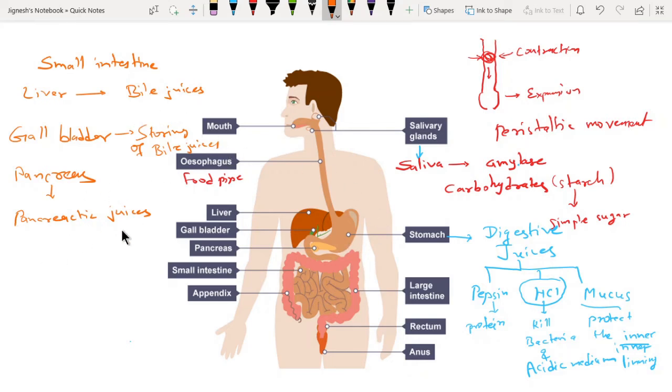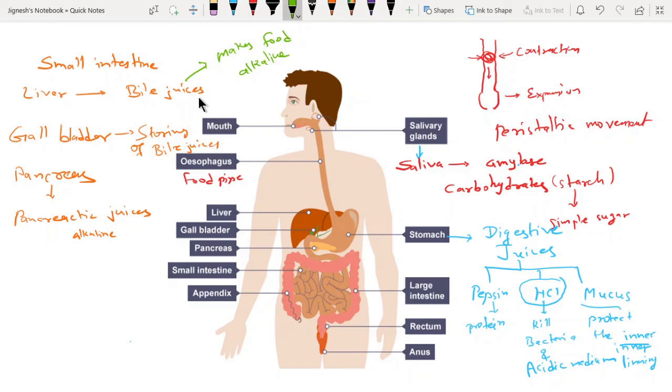But the pancreatic juices only act when the food is alkaline. So who helps? Here comes bile juice to the rescue, and bile juice makes the food alkaline.